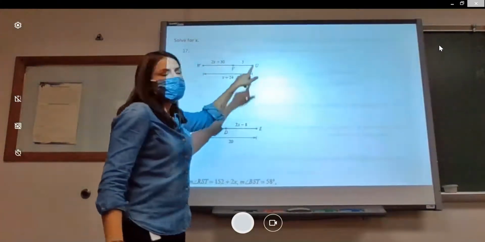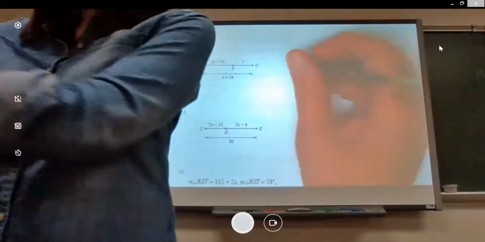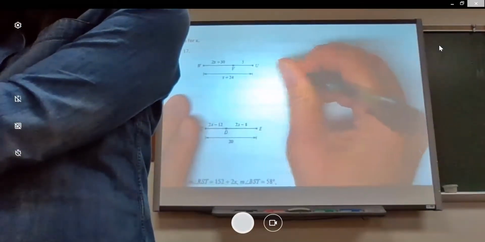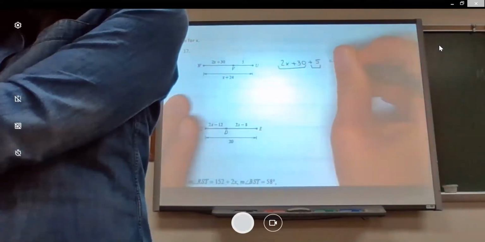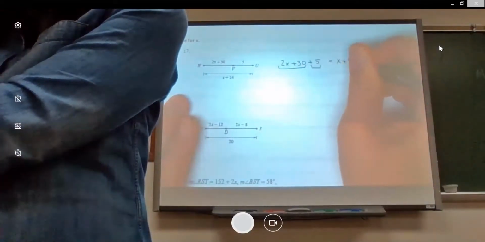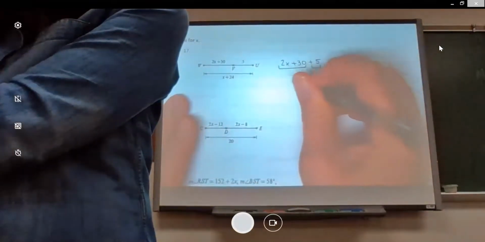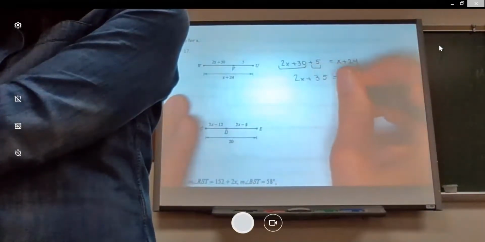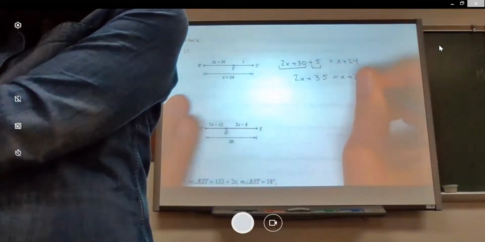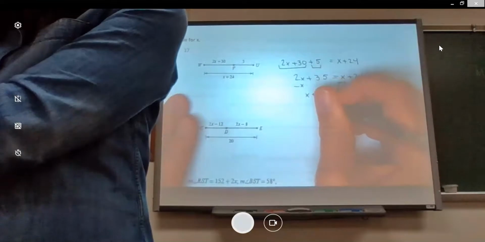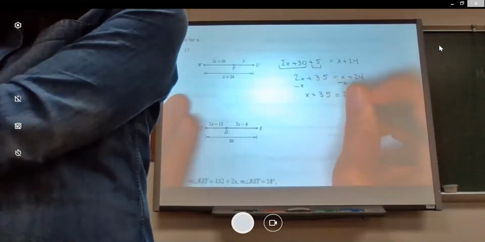So this part plus this part, or 2x plus 30 plus 5, part 1 plus part 2 equals the whole segment. Or 2x plus 35 equals x plus 24. Subtract x. X plus 35 equals 24.